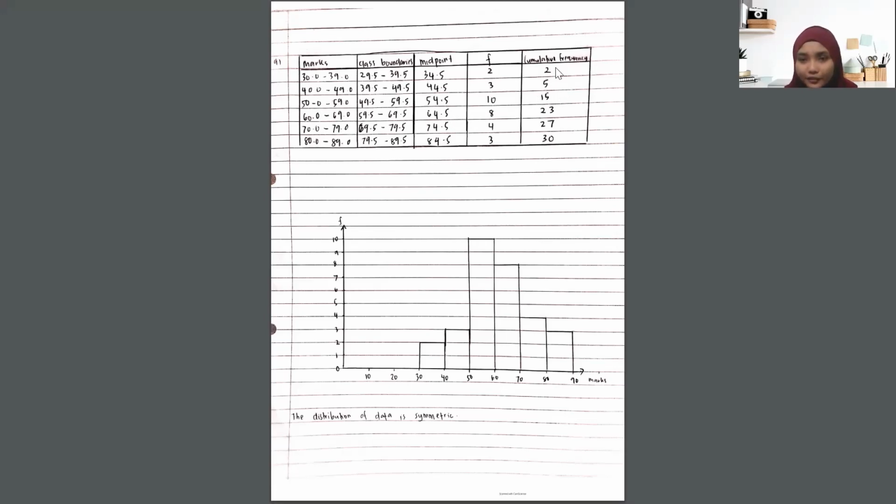And then for the cumulative frequency, to find it, we need to add the frequency to the next number.